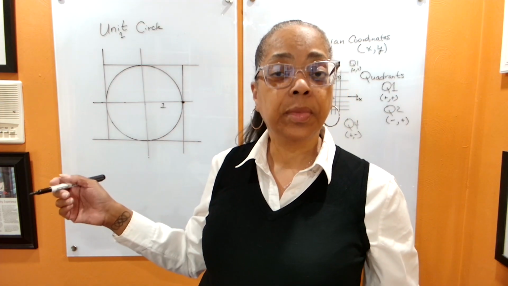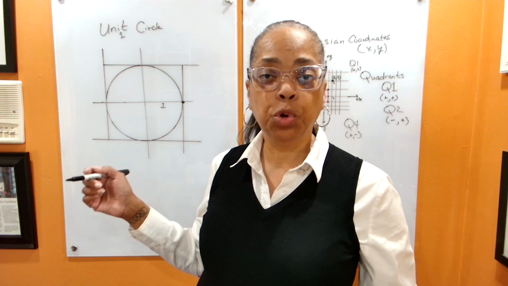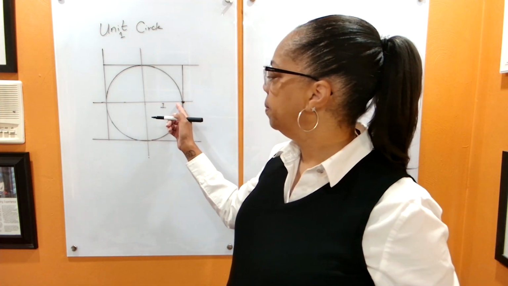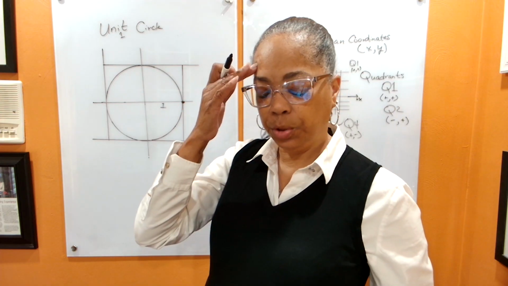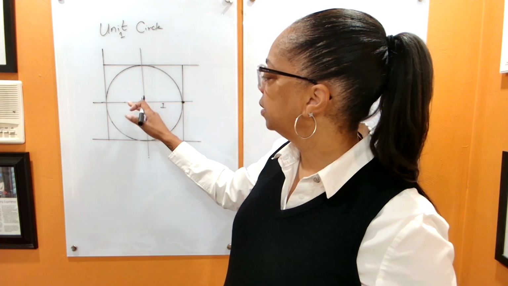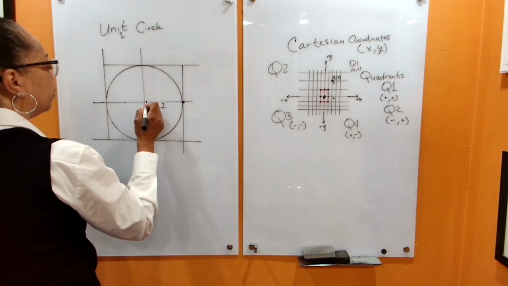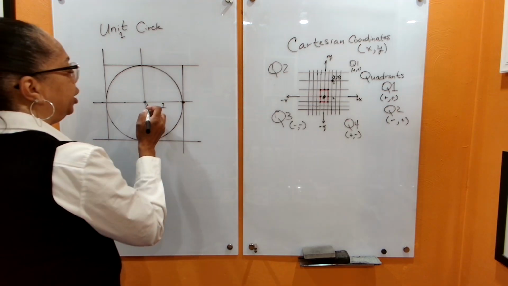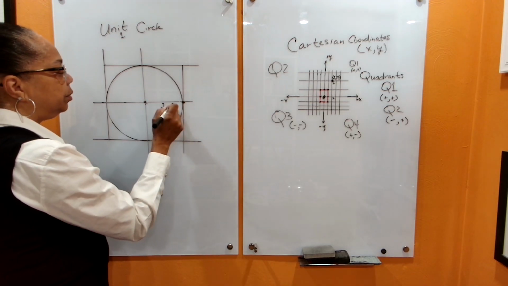Sine theta is the equivalent of your y coordinate. So let's look at this circle, for example. Visualize and make it make sense. This is our origin. So from here to here is 1 unit.